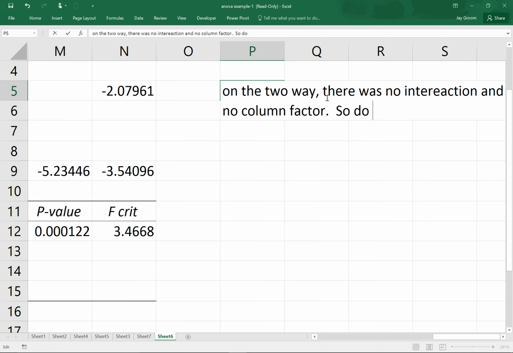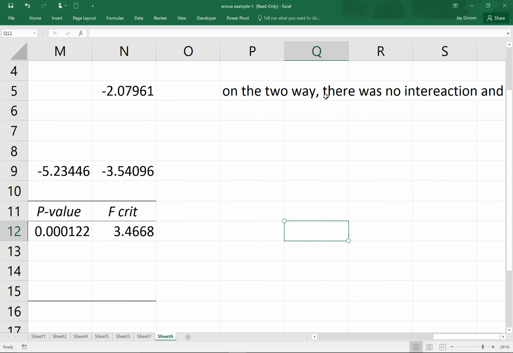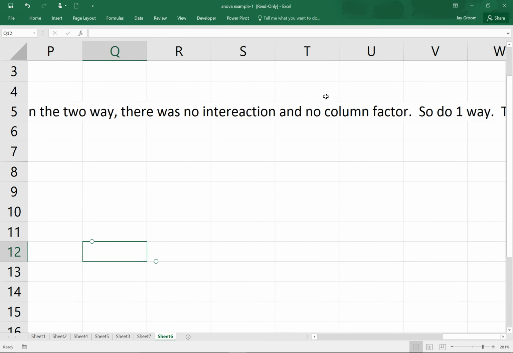So do one-way, okay, and there is a significant difference between 1 and 3 and 2 and 3. Something along those lines.